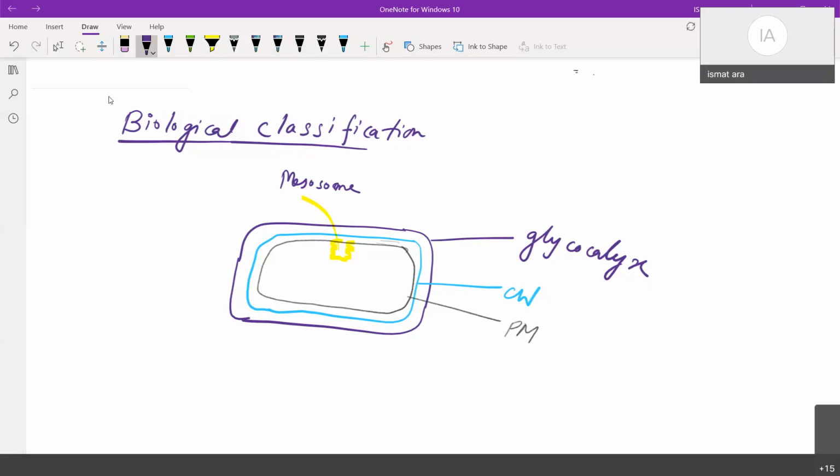With this mesosome, nucleoid material attaches. This is the nucleoid part. This is circular DNA, which is called plasmid.